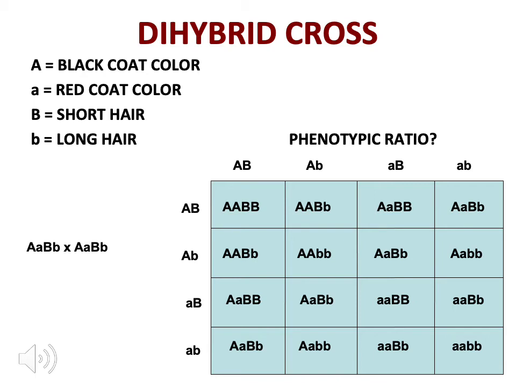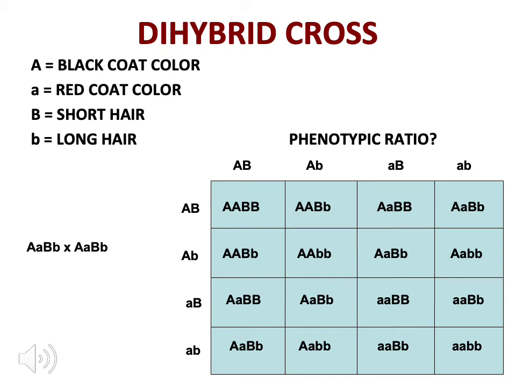If I fertilize a little b egg with a little b sperm, I get a little b homozygous recessive zygote.